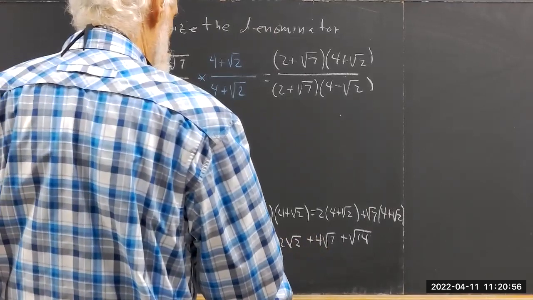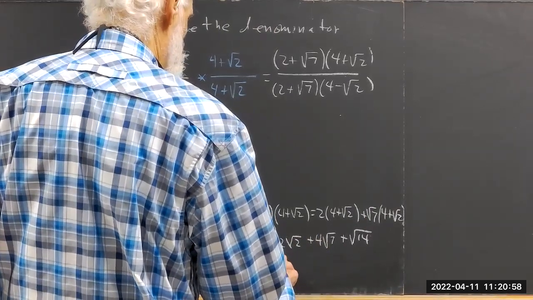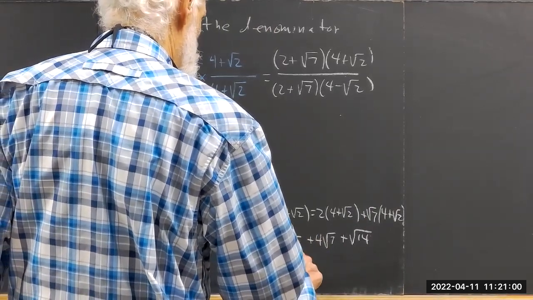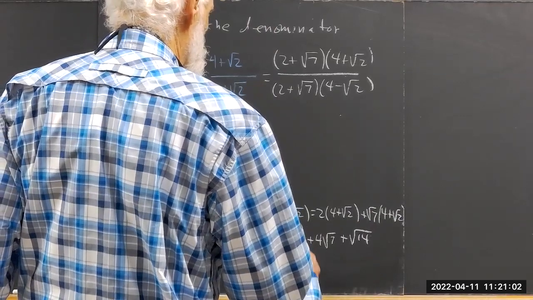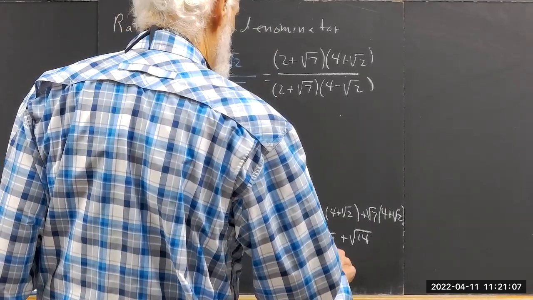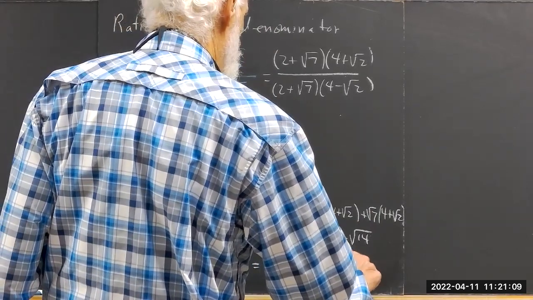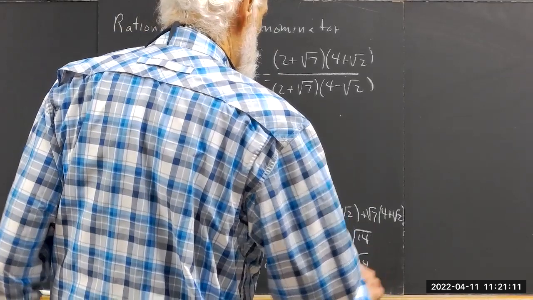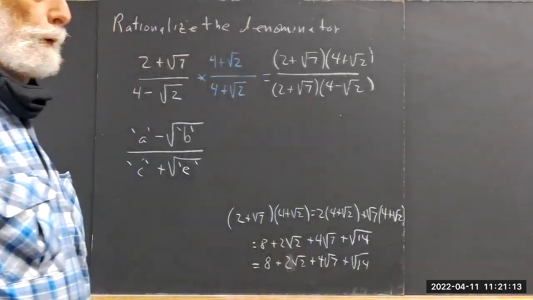So these two terms here add up to 6. What they don't, because they have different square root of 2, 4 square root of 7, square root of 14.